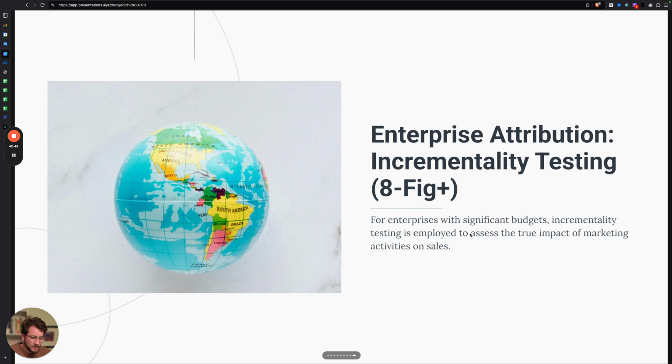All right, now we get into the big stuff here. So 2025, you're going to see a lot more incrementality testing. Now, incrementality testing is the only way you can truly measure the impact of your advertising activity.